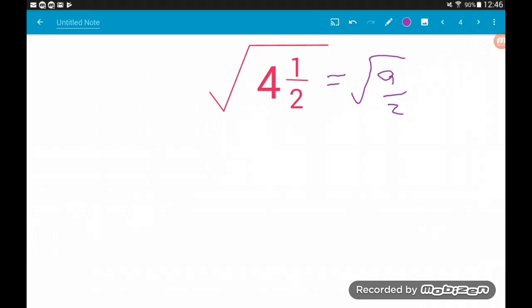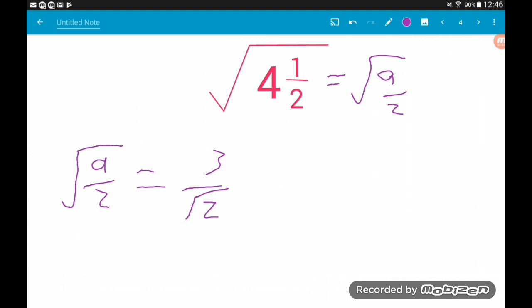Have a go, make sure you get that mixed number being 9 over 2 as an improper fraction. So if we have the square root of 9 over 2, then that's the same as we square root the top, which gives us 3, but then on the bottom we end up with a root 2.